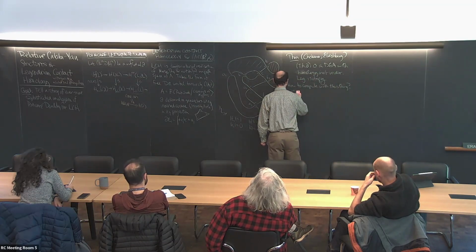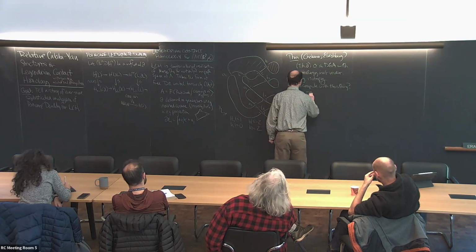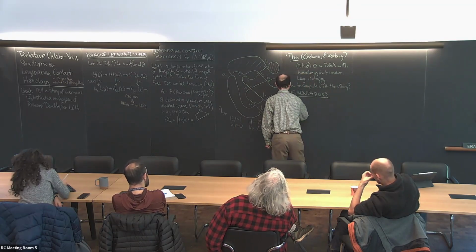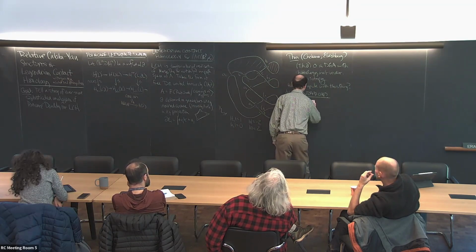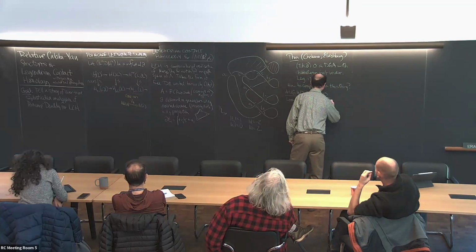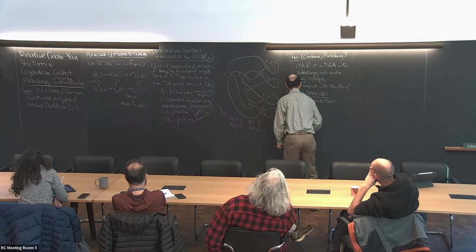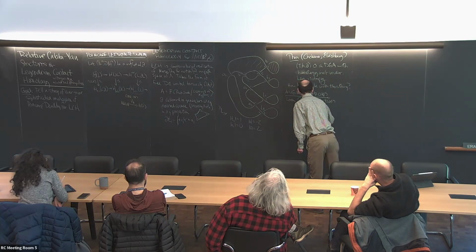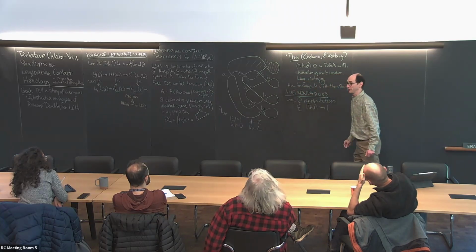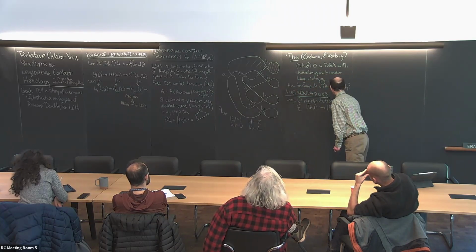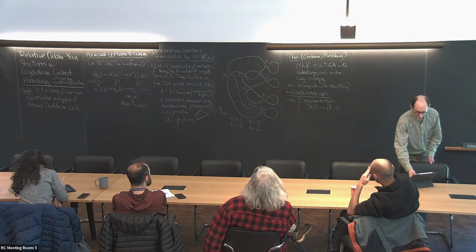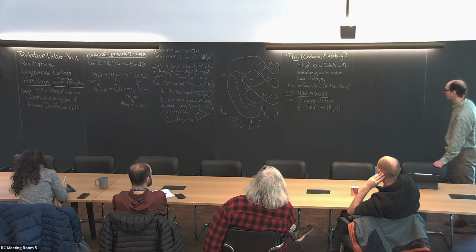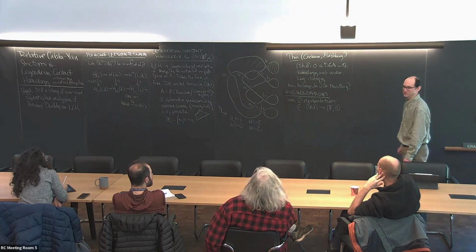We'll call these things augmentations, epsilon from our DGA to the trivial DGA, which is just the ground ring with the zero differential. What is F actually? For today it's C mod 2.